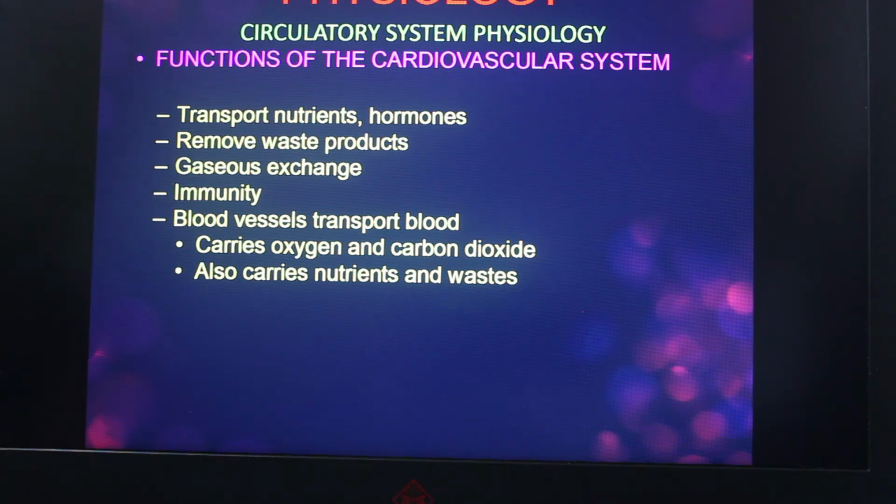It has a close relation with immunity, and blood vessels transport blood carrying oxygen and carbon dioxide, and also carry nutrients and wastes.